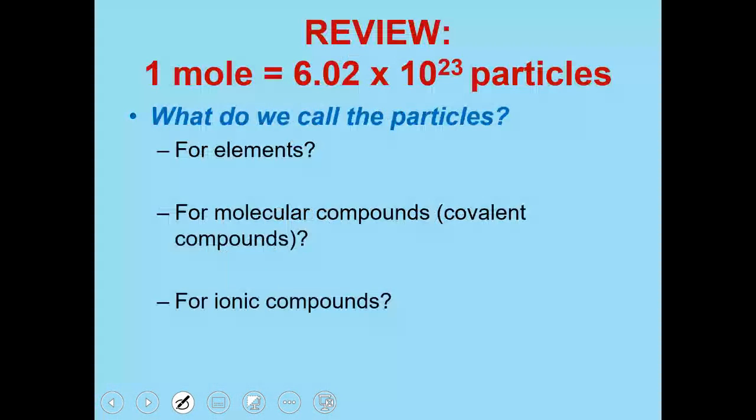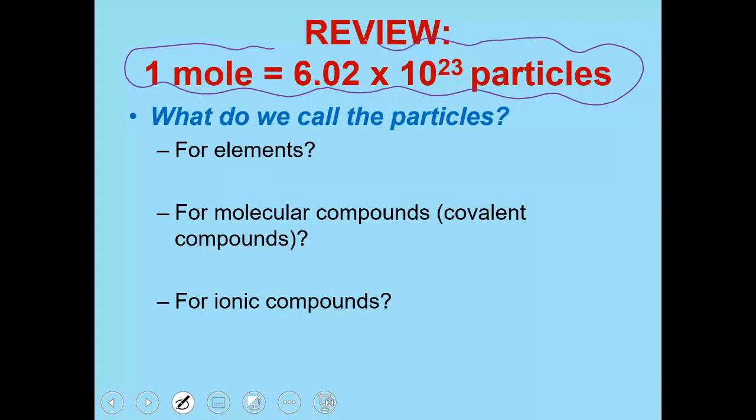And let's get started. So this is a review from yesterday. Remember, we learned about this mole concept, and that a mole is always equal to 6.02 times 10 to the 23rd of something. If that something is an element, like aluminum, then we call the particles atoms.